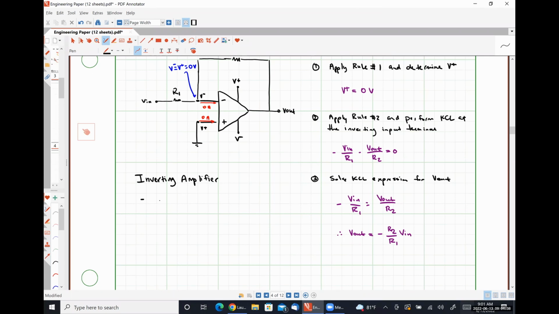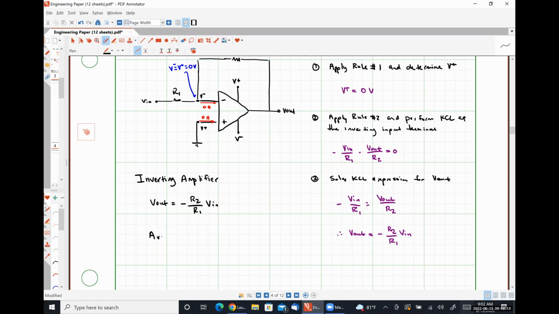Another way that we can easily identify that this is an inverting amplifier is because the input signal, Vin, is applied through our feedback network to the inverting input terminal, right? There are two different ways that we can tell that this is an inverting amplifier. We have an input-output relationship. V out is equal to negative R2 over R1 times V in.